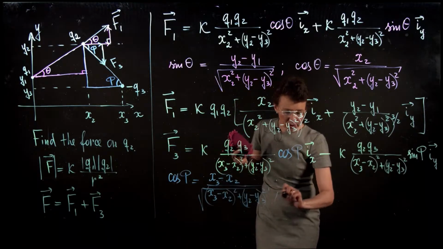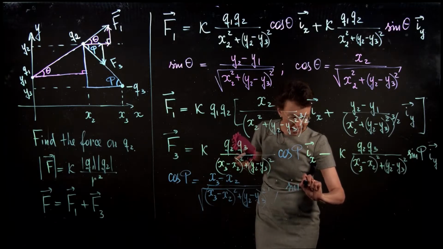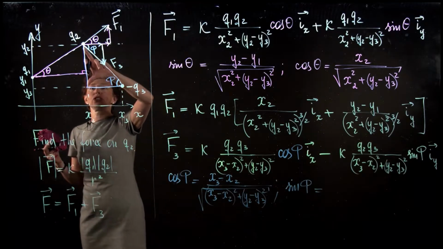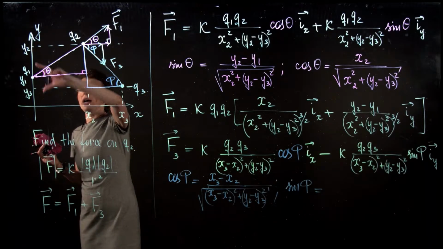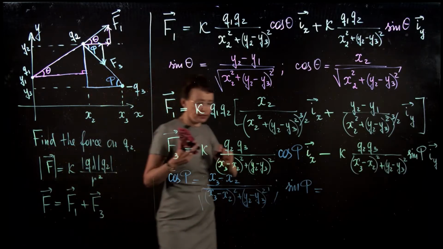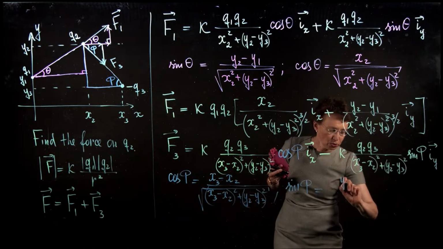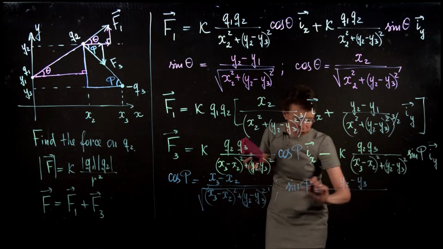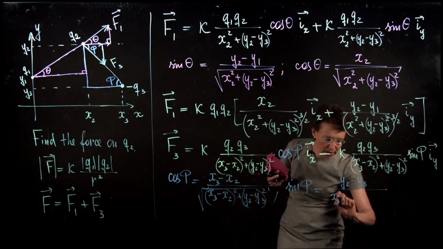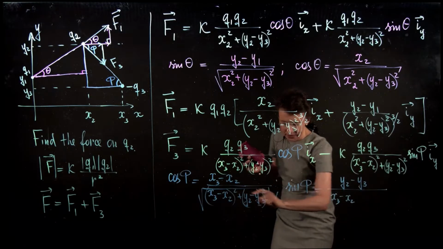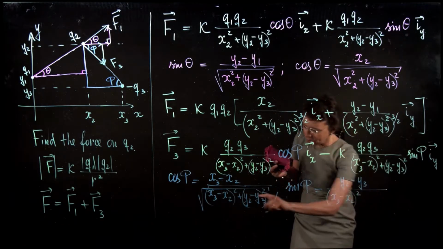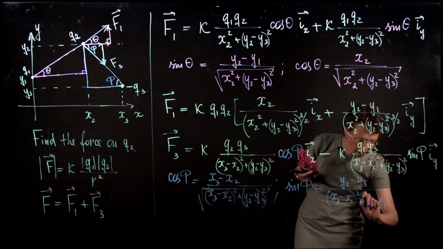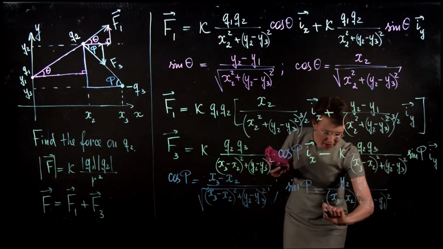And now sine phi. What is sine phi? It is the opposite leg, which is y2 minus y3, divided by the hypotenuse, which is the square root of x3 minus x2 squared, plus y2 minus y3 squared.